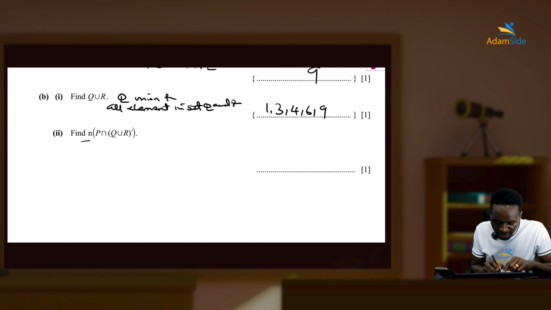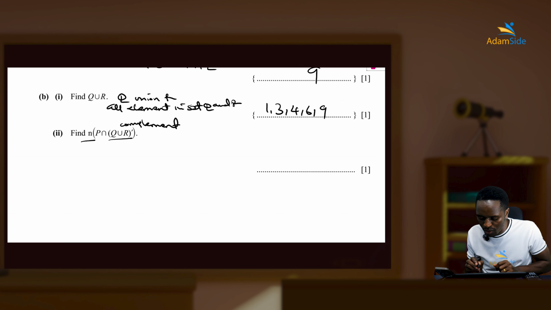And then here we're talking about finding the number of elements in P intersecting (Q union R) complement.